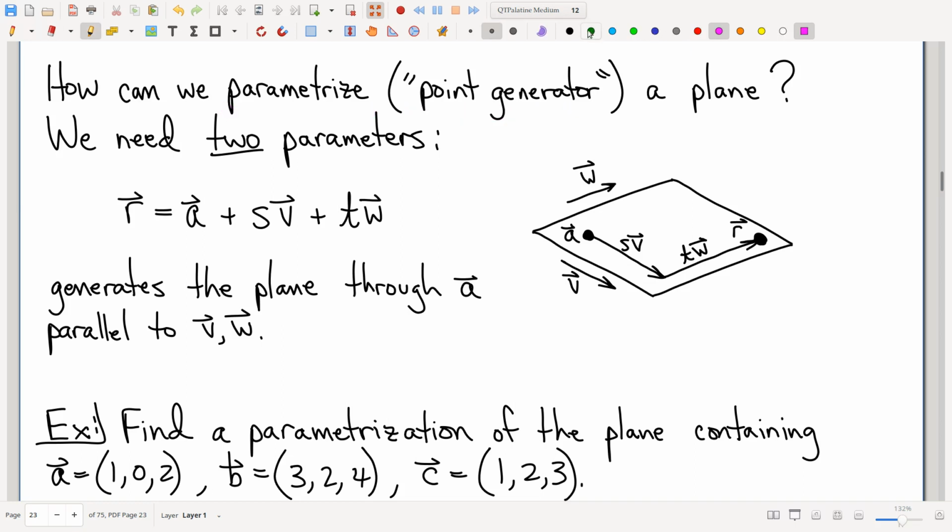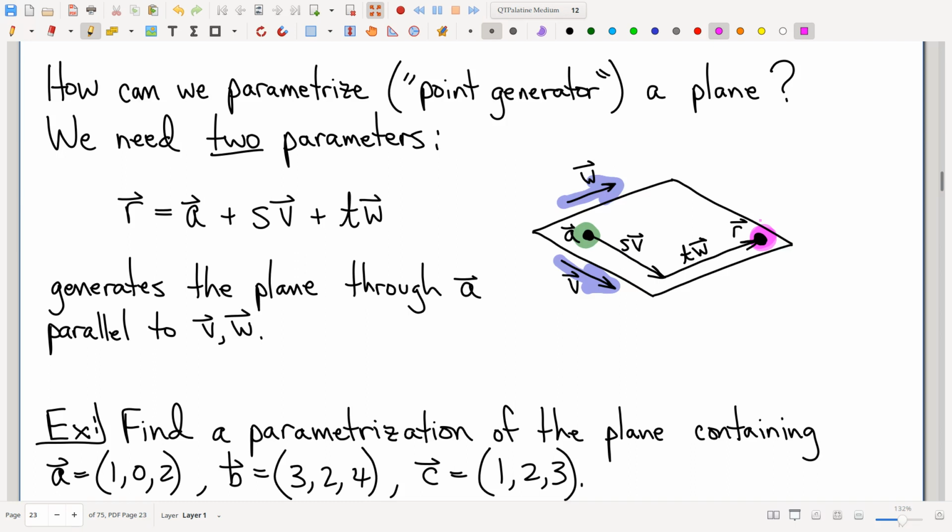If I know a point on a plane, and if I know a couple of vectors parallel to that plane, and I want to know how can I start producing a bunch of points? How can I generate a bunch of points that are on this plane that goes through the point A and is parallel to these vectors V and W? By the way, anybody having flashbacks to that homework exercise from section, I can't remember if it was 1.1 or 1.2, right?